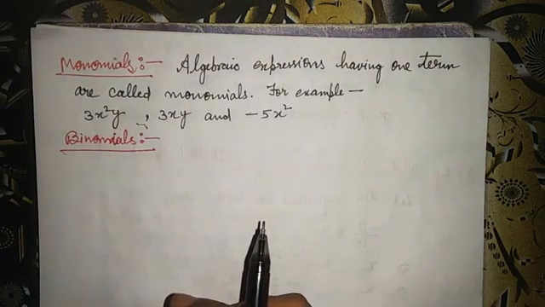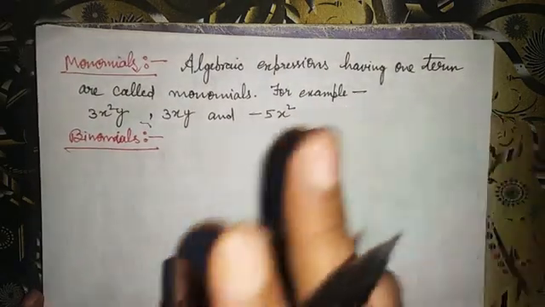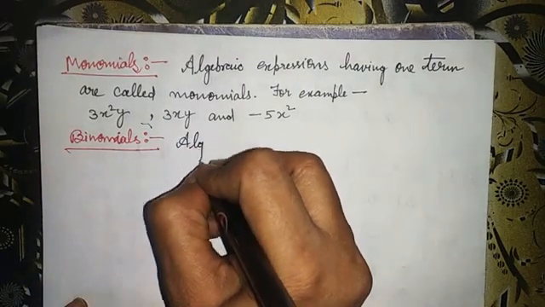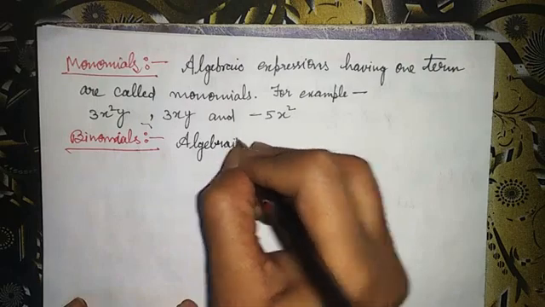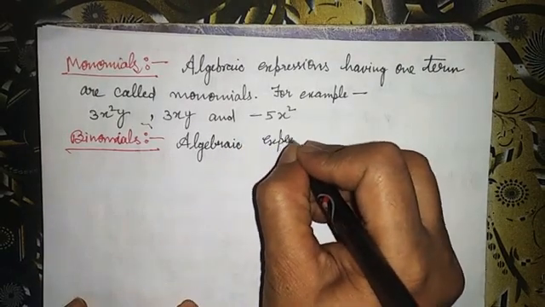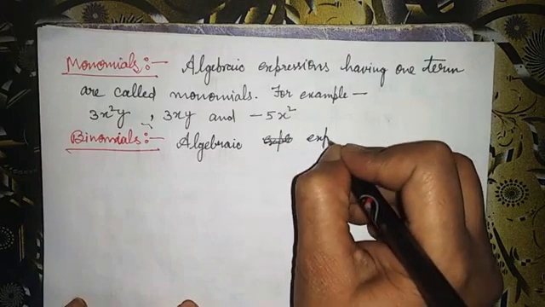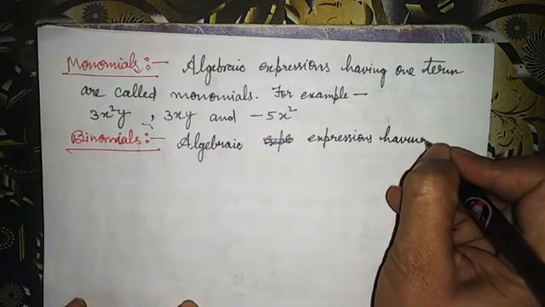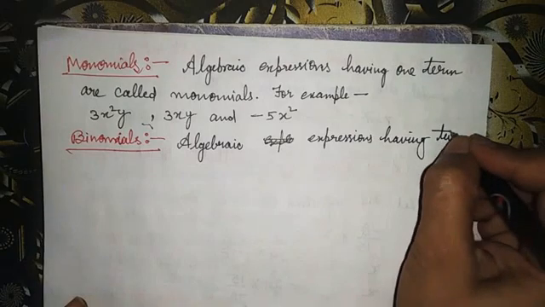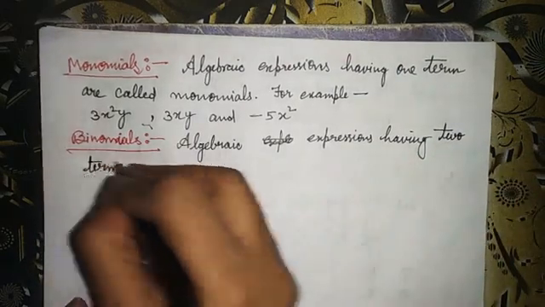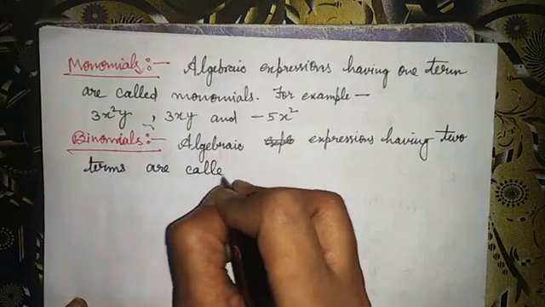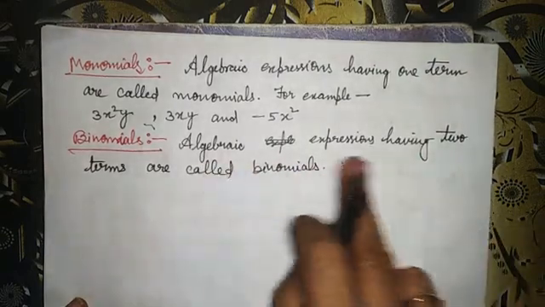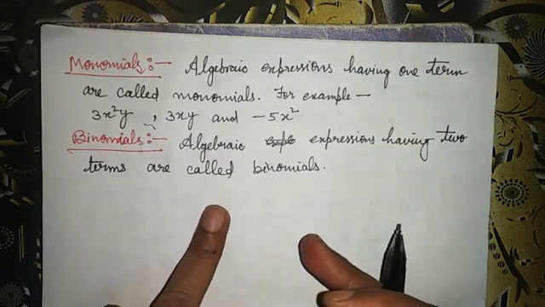Now binomials. Children, algebraic expressions having two terms are called binomials.